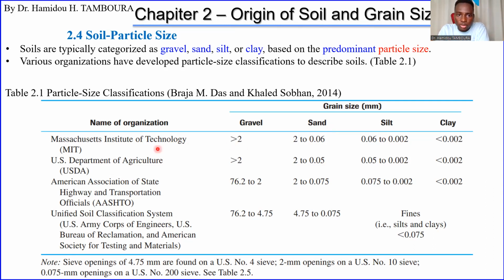For example, this one is saying if the particle diameter is higher than 2 millimeters, in millimeters here, we consider it gravel. Between 2 and 0.06 millimeter, it's sand. From 0.06 to 0.002, it's silt.